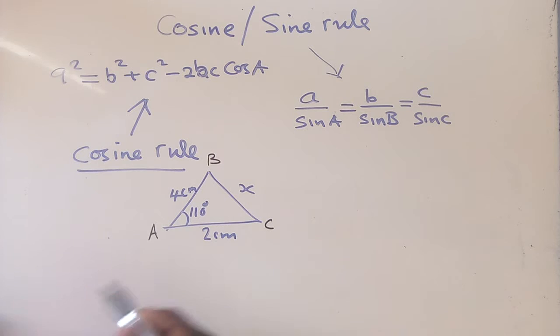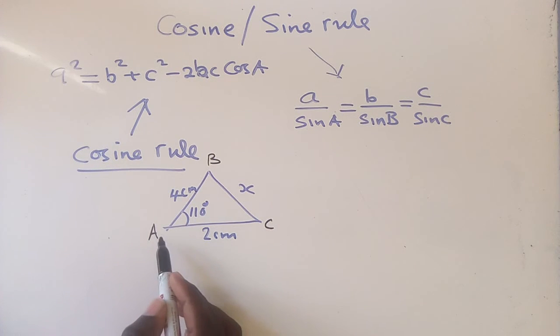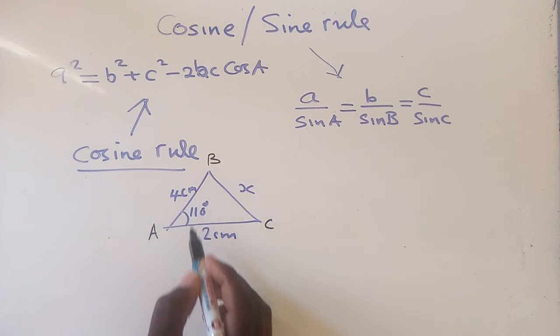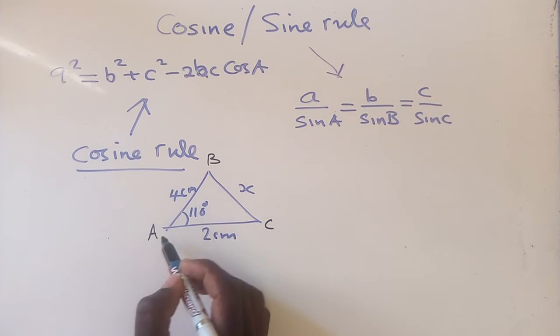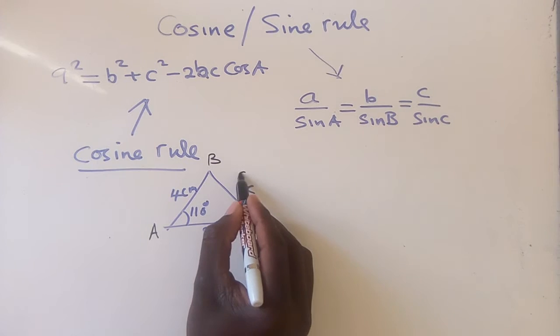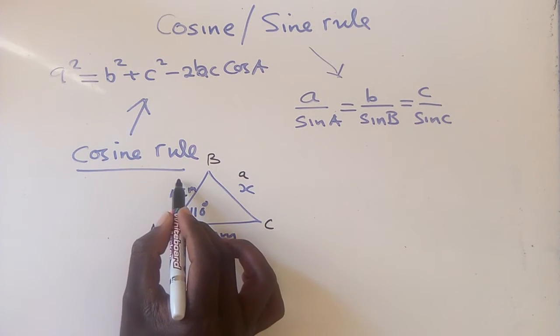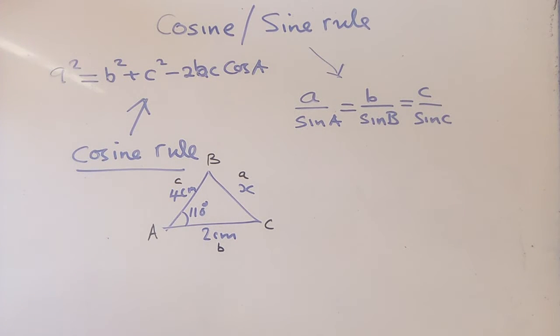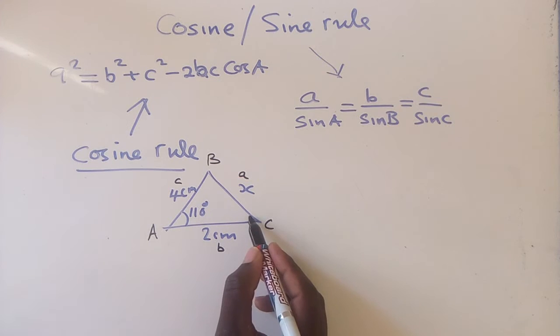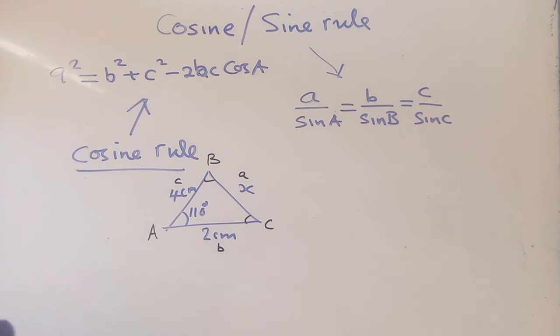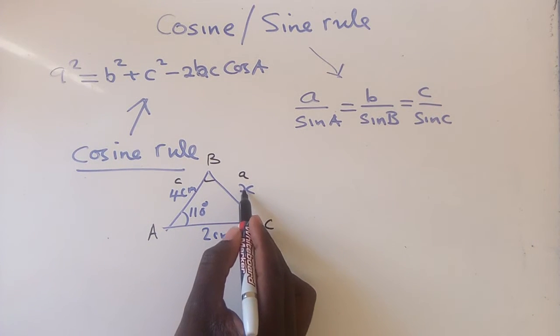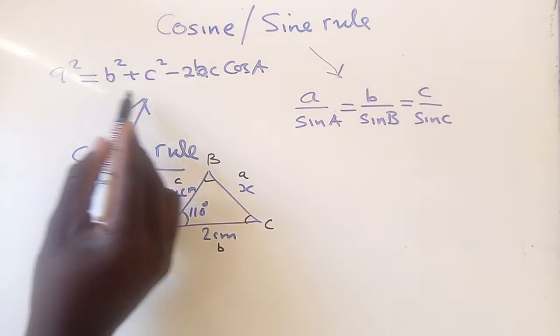I'm writing the capital letters first. Then I write the small letters: if my capital A is here, my small letter a will be here, and the same for C and B. The capital letters represent the angles and the small letters represent the lengths. Now we can find x, the length, using the cosine formula.